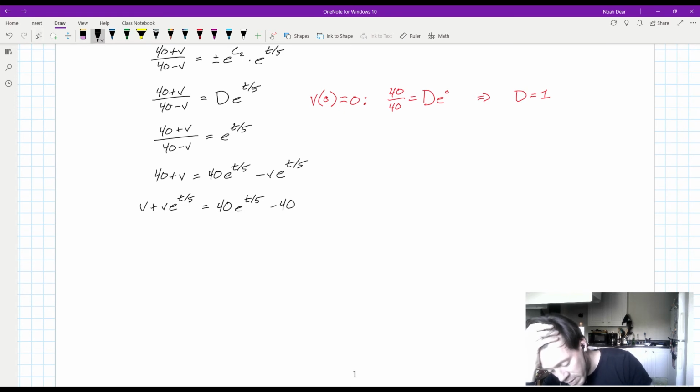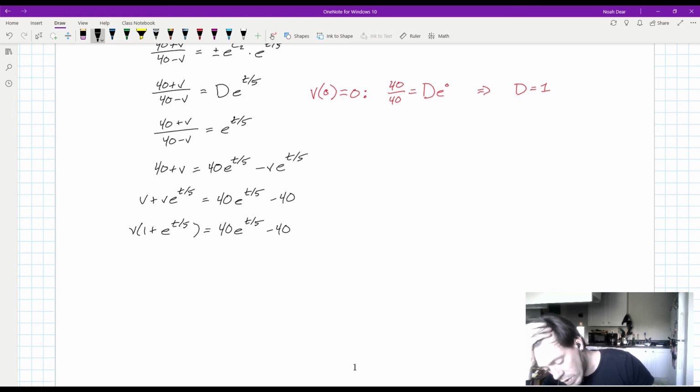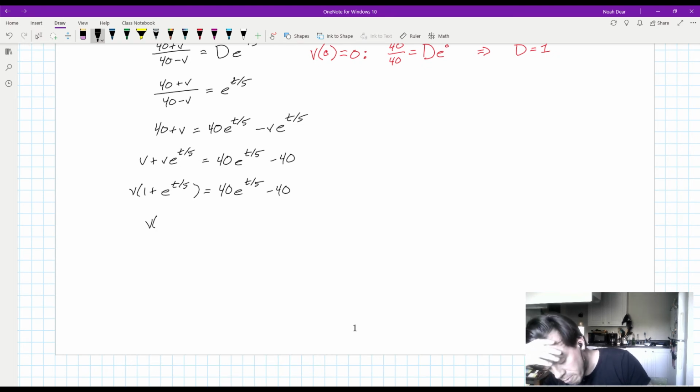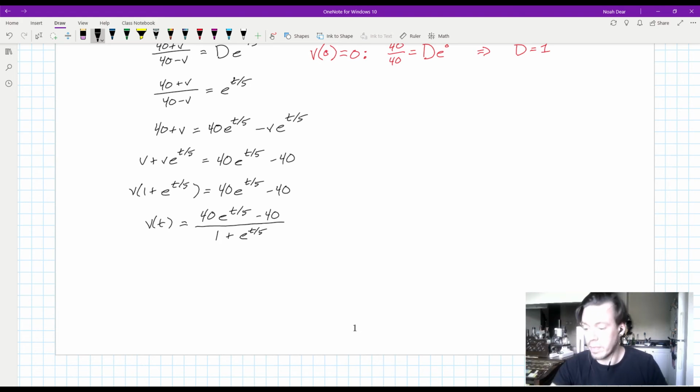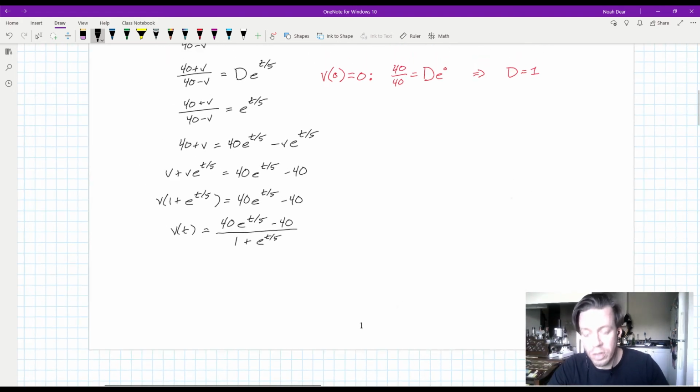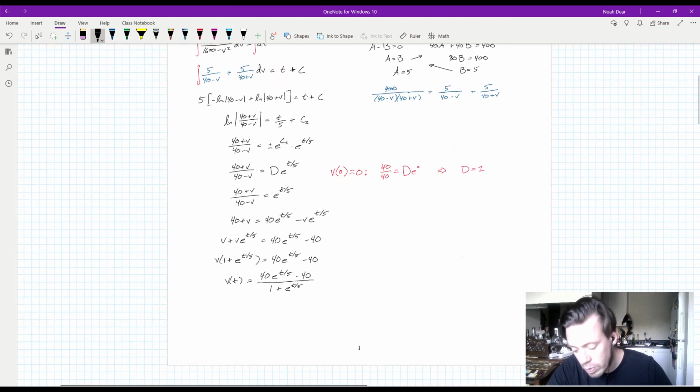And then I'll factor out a v on the left, so that we can then divide and isolate v of t equals 40 e to the t over 5 minus 40 all over 1 plus e to the t over 5. And there we go. We've solved the differential equation with the initial condition v of 0 equals 0.